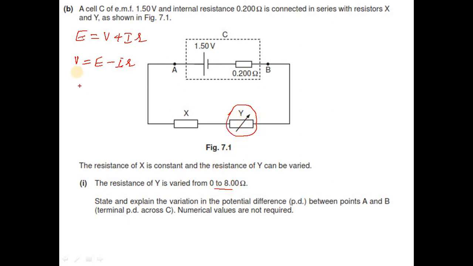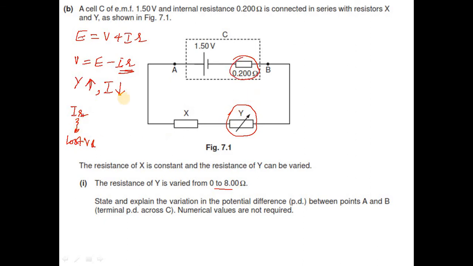When Y is increased, then amount of current is going to decrease because you are increasing resistance. So amount of current flowing in the circuit is going to decrease. Therefore, IR, which is this term in the equation, and it is in fact a lost volt inside around the internal resistance.